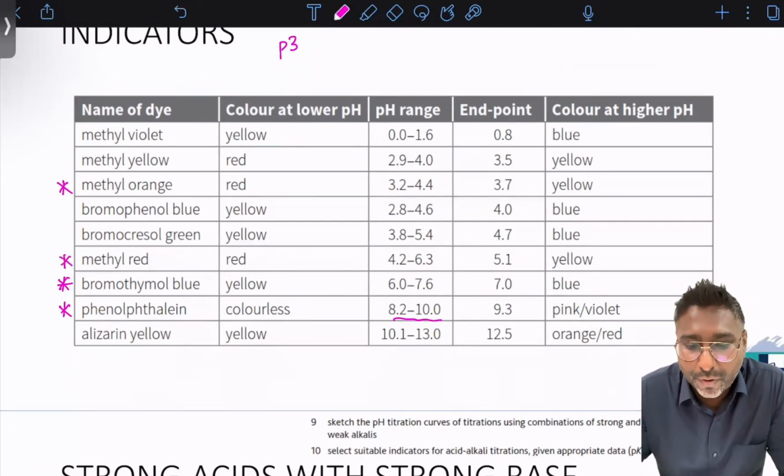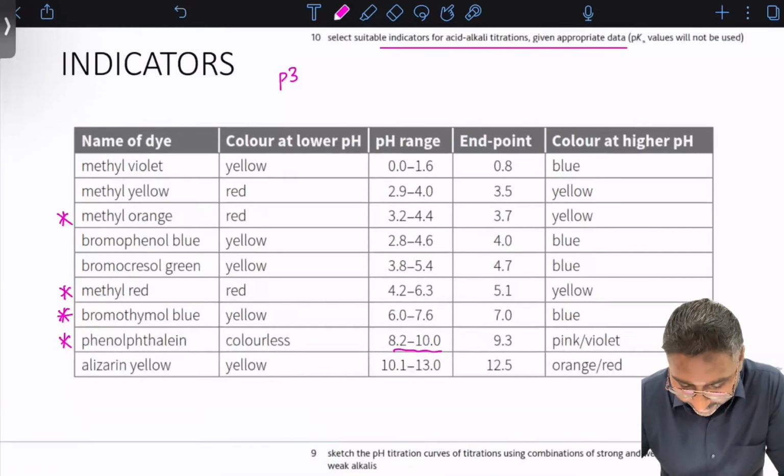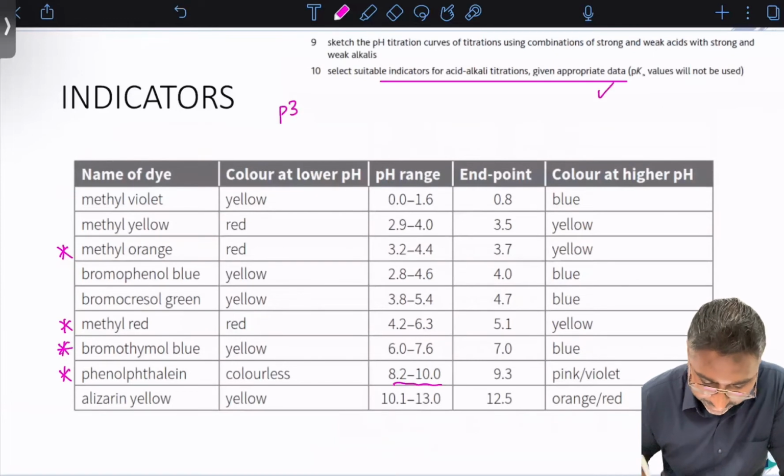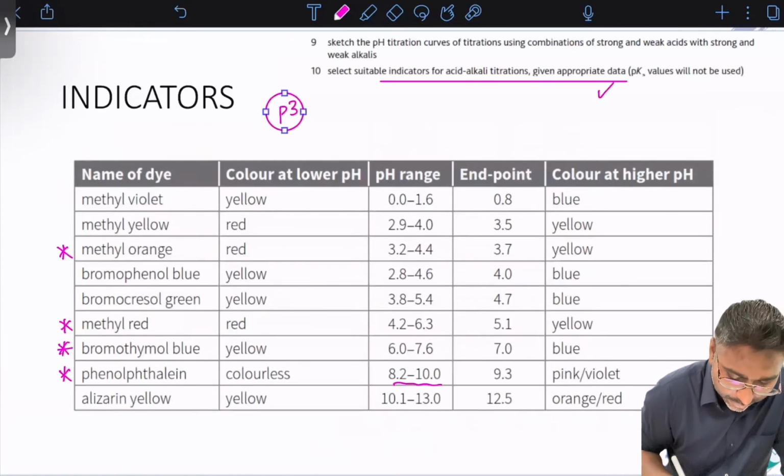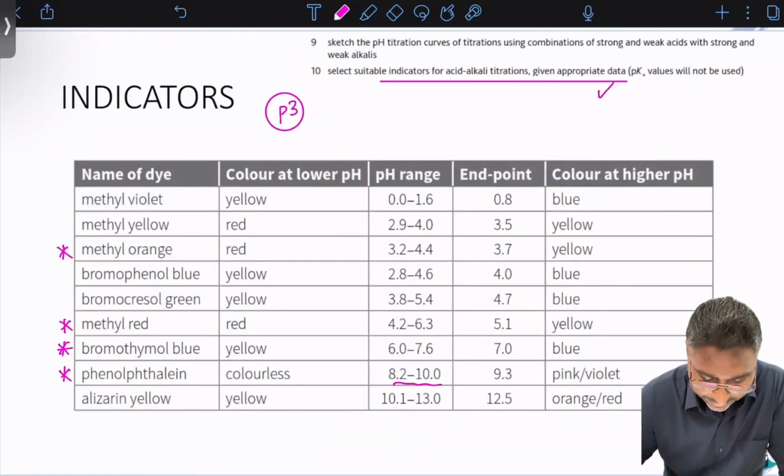Whether you want to memorize them or not is up to you. I have already mentioned that in other papers it is given as appropriate data, but for paper 3, it will not be given. Please take note of that.